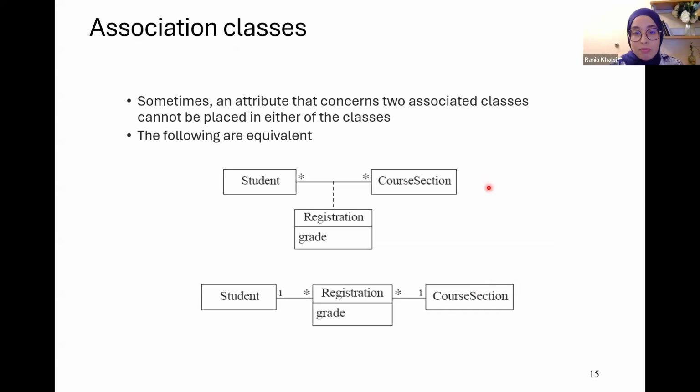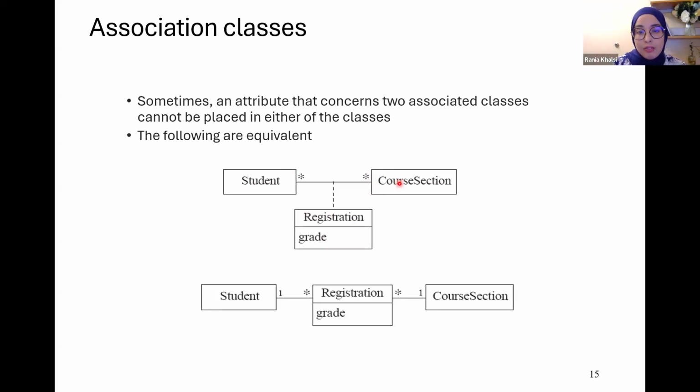Sometimes an attribute can be associated with two classes. Okay, it can happen, and it's not very common, but it is possible. For example, a function might be used by two different classes.